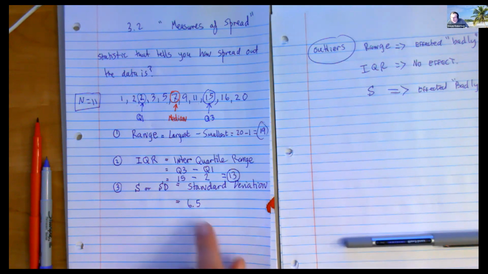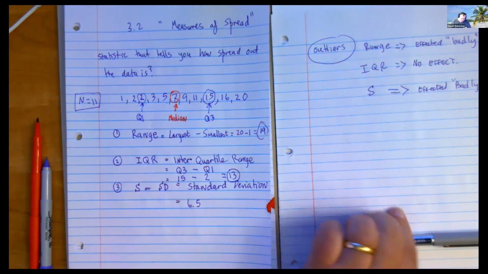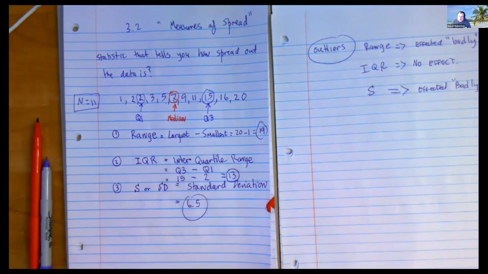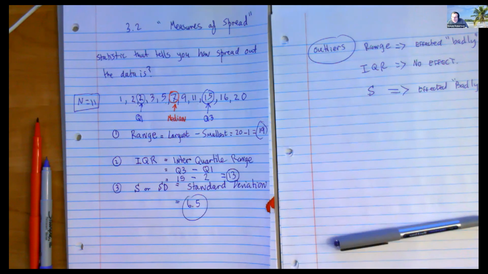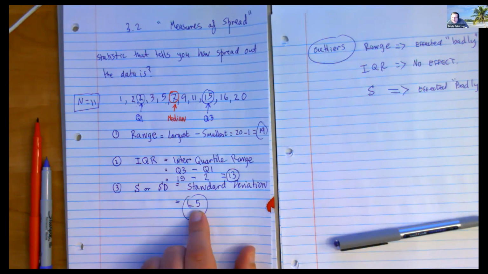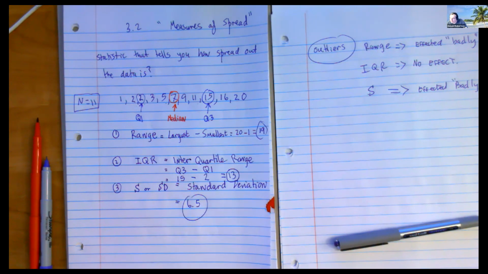So something that might have a standard deviation of 6.5, which it has right now. I'm going to go back to that data set and I'm going to change that 20 to 200, right? That's the only thing I'm going to do. Do you think that number there might become, I don't know, 10? Do you think it might become 40? I mean, how much does it get affected? It's kind of hard to judge, isn't it? So let's find out. I'm just going to do it because I don't know myself. I could have a guess. It's probably going to double it, and that's just a guess. I'm going to find out by trying it out.